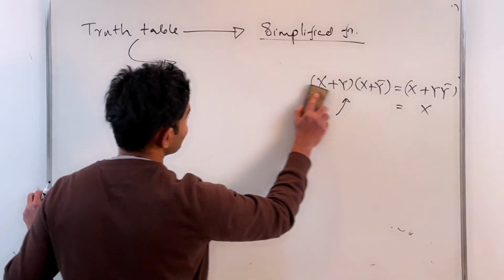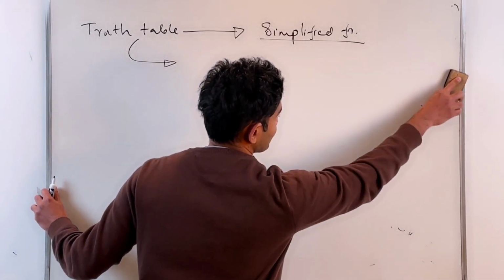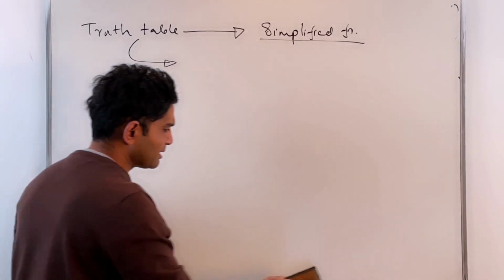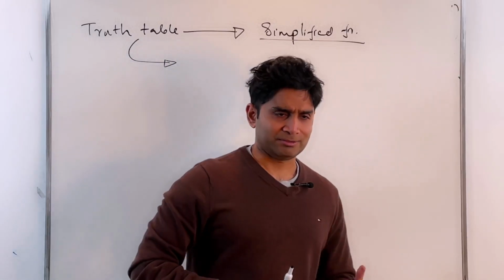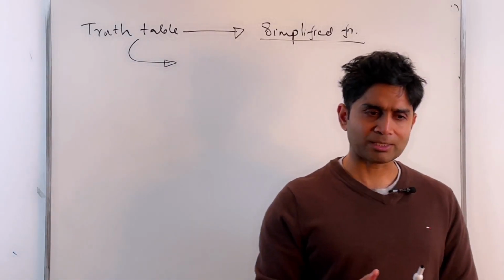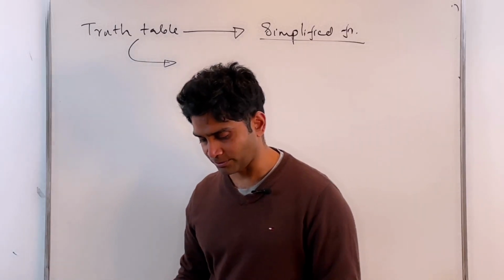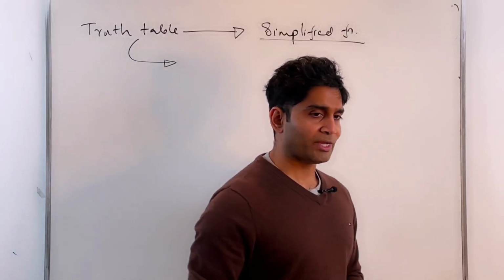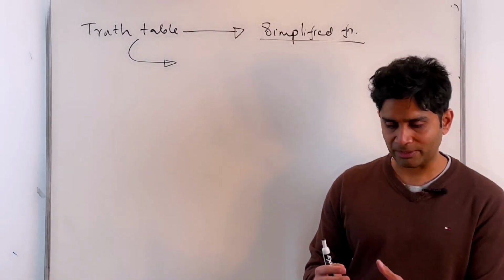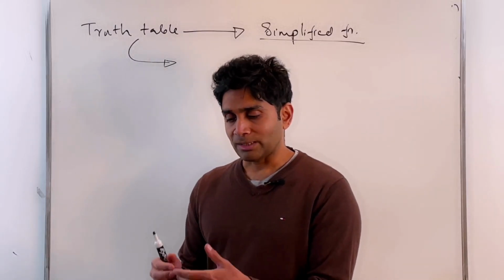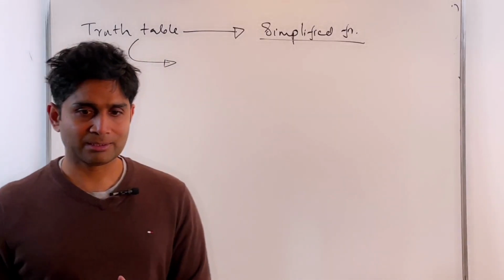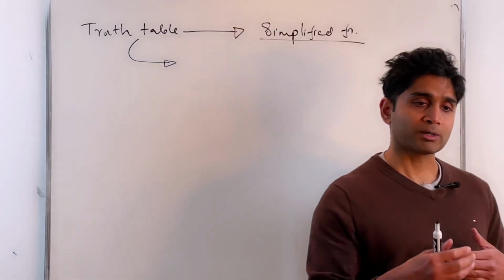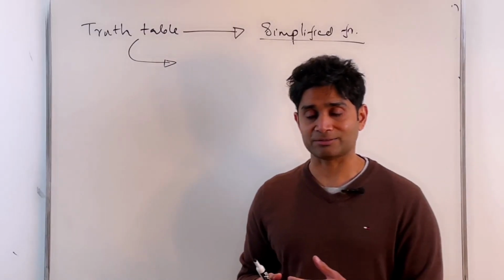Now you may have seen, in the last class and this class, when you're trying to use Boolean identities and trying to simplify a large function, it may not be obvious to you where to stop. Where do I stop? How do I know that the function that I got is the most simplified function? Can I go further? Am I missing any identities?